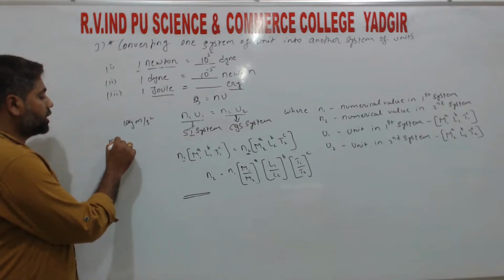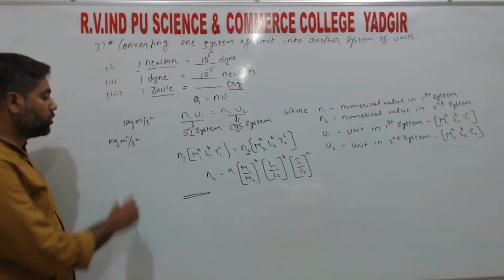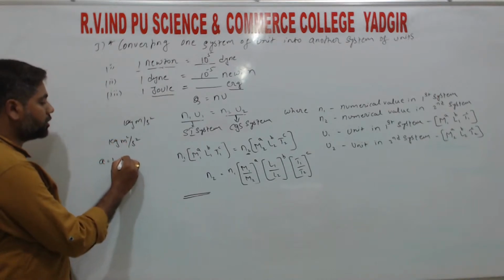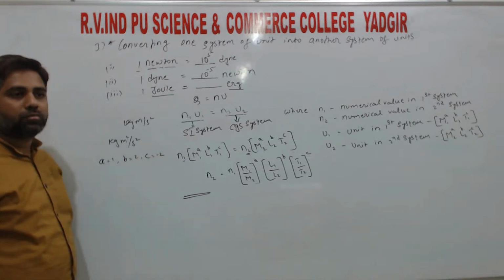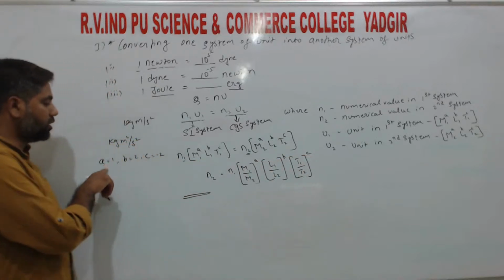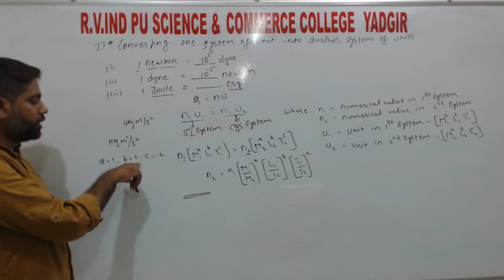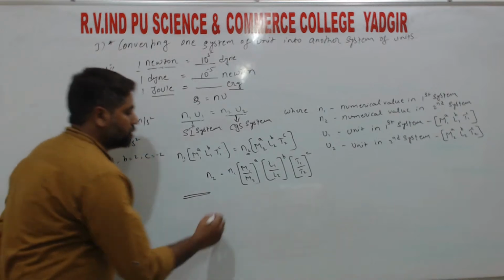That is kg meter square per second square. So here the a value becomes 1, b value becomes 2, and c value becomes -2, right? So a is equal to 1, b is equal to 2, and c is equal to -2, right?